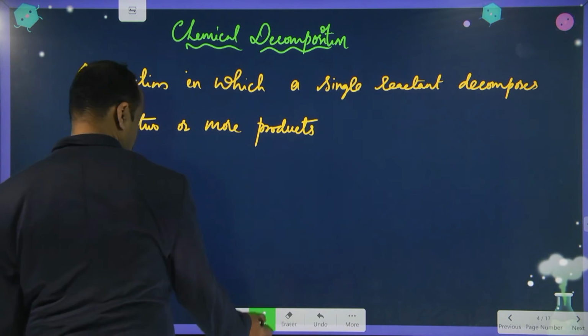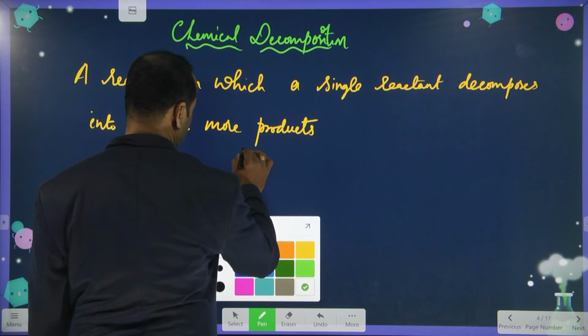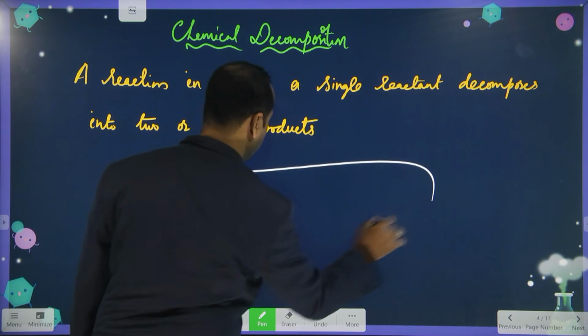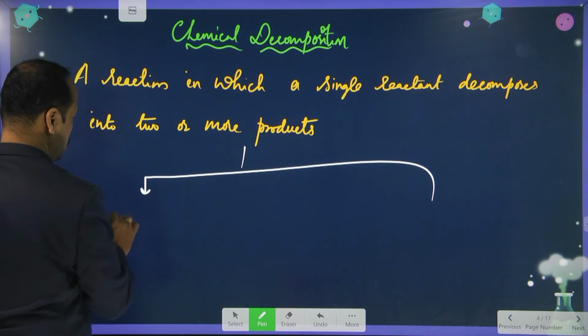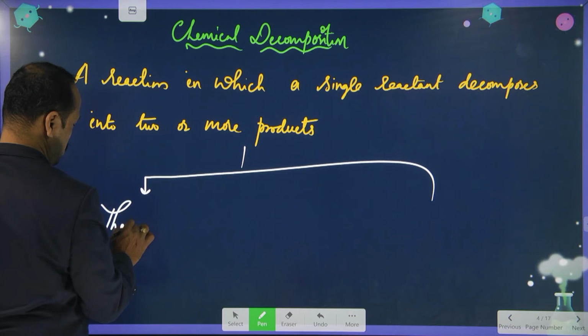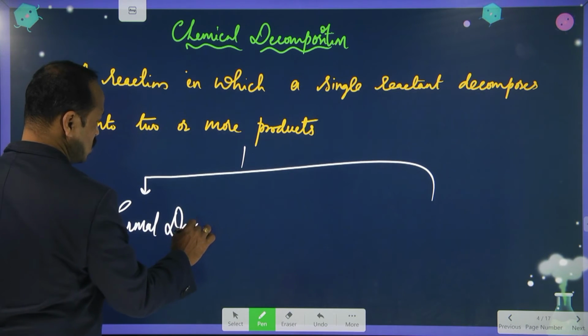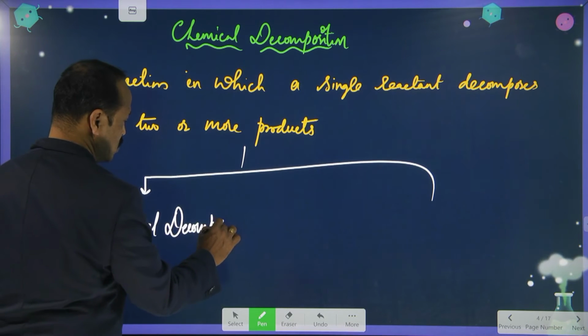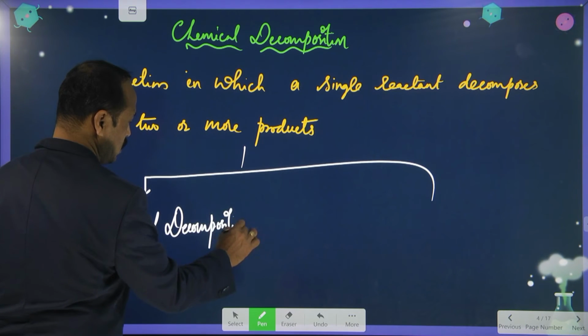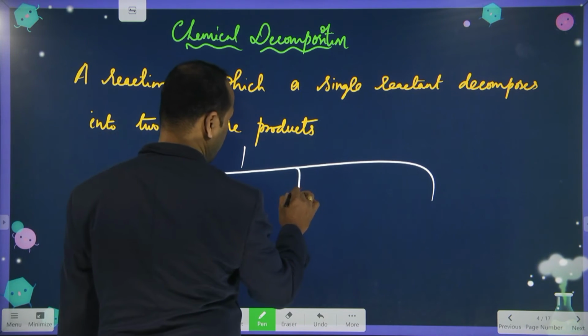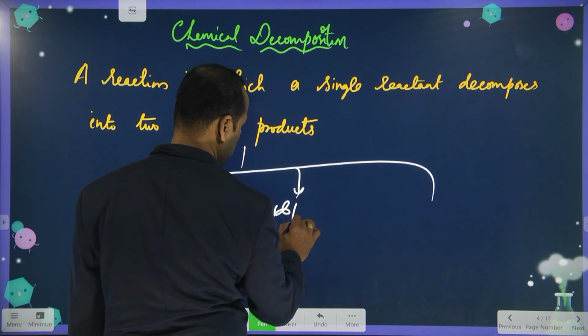Now, chemical decomposition reactions are of 3 types. How many types are there? 3 types. The first one is called thermal decomposition. The second one is called electrolysis.